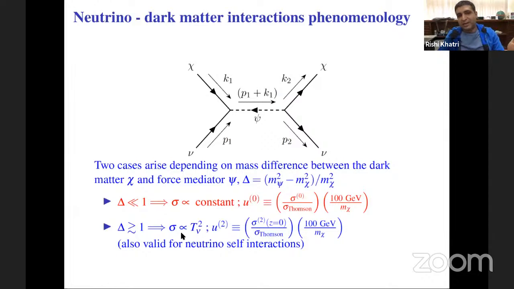Or it can have a temperature dependence like T squared, the neutrino temperature squared, which I label U superscript 2. This is a normalized interaction strength, normalized with the Thomson cross section and the mass of dark matter, so it is just a dimensionless parameter. The higher the parameter, the stronger the interaction, and the more neutrino stopping power this dark matter has.